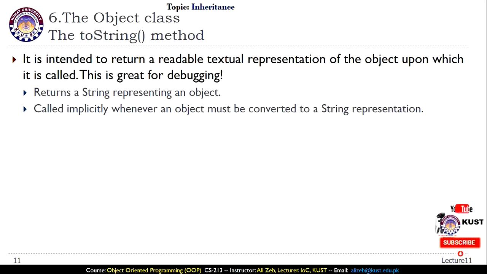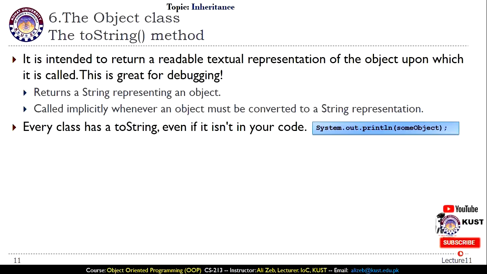And we have been doing that. Even if we do explicitly call it, it does not make any difference to the output of the object. We can simply print the name of the object, and it will call the toString method of the class implicitly, and the string representation of this object will be displayed on the screen.